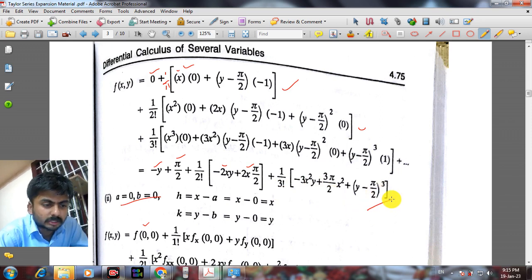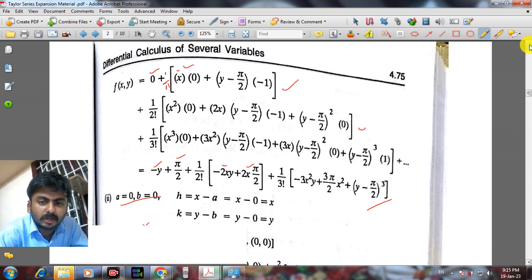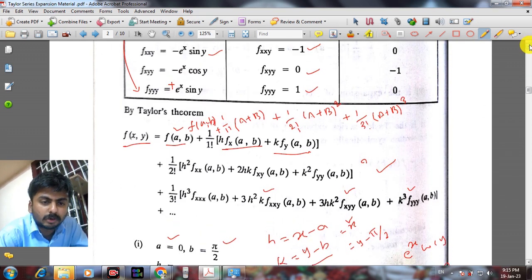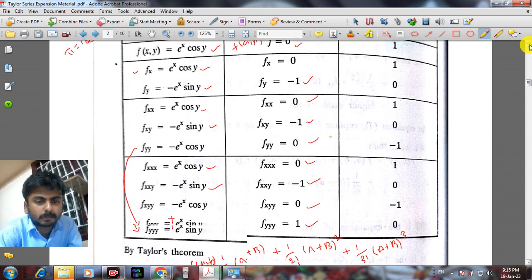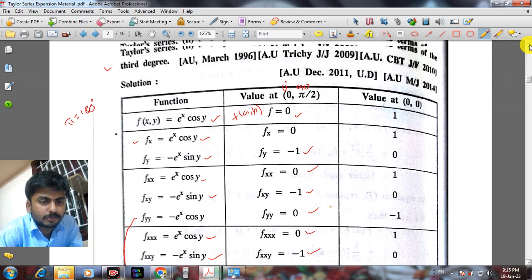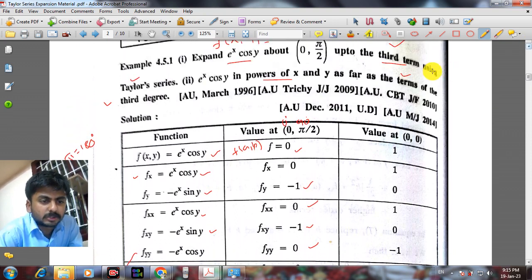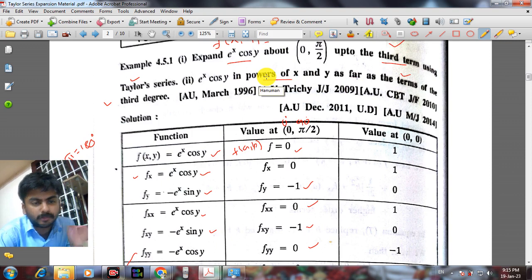So the sum is over, and for the second problem they have not given what points we want to find. Our second question is to find the same expansion in powers of x and y as far as the terms of the third degree, but they have not mentioned the points.